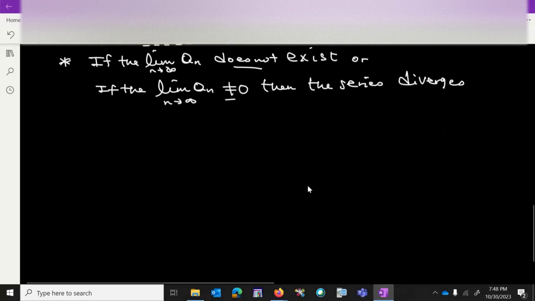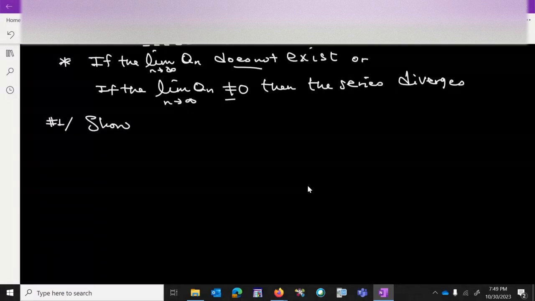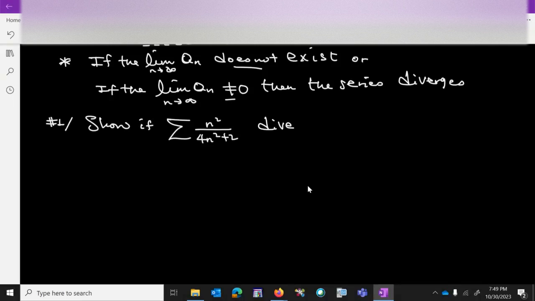Now let's see this example. Number one, practice on this one. Let's say the question says: show if the series n square over 4n square plus 2 diverges.